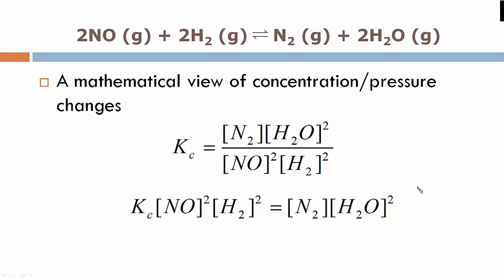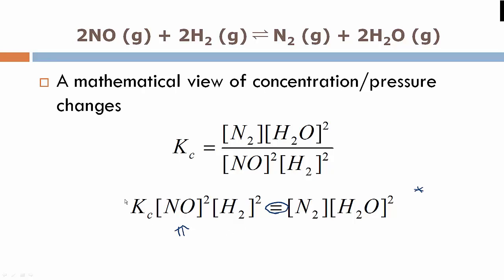So that's that equation. So in our problem before, we said, well, what happens if NO goes up? Now remember, this is an equality. The left side has to equal the right side.